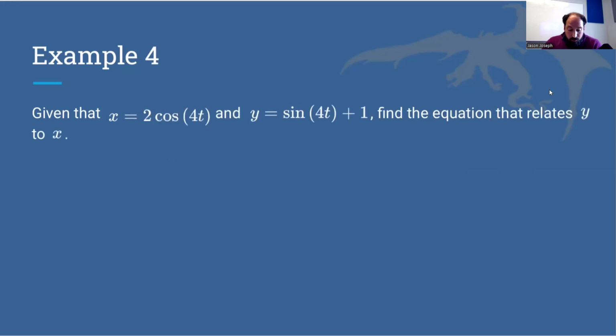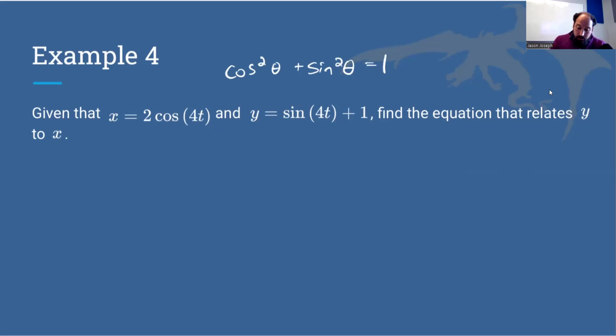Okay, so this one, x has some function involving cosine of 4t, y has some function involving sine of 4t. This is where that Pythagorean identity, cosine squared theta plus sine squared theta equals 1, is going to be helpful.